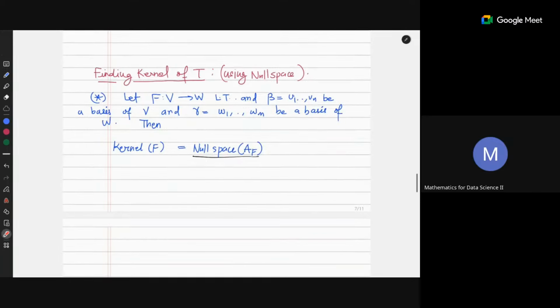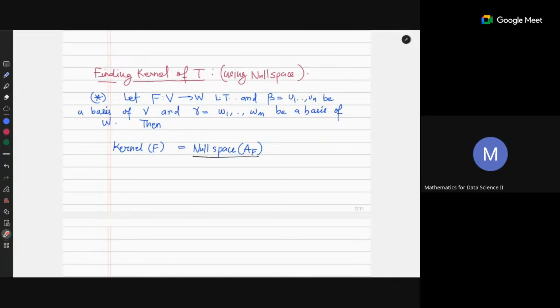So there is a simpler way to find the kernel of a transformation, using null spaces. For that we will use the matrix representation of a linear transformation.